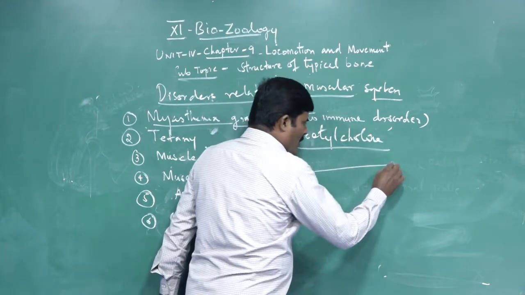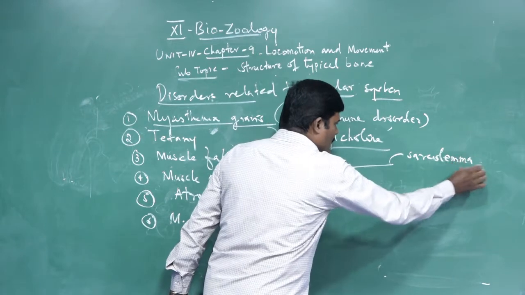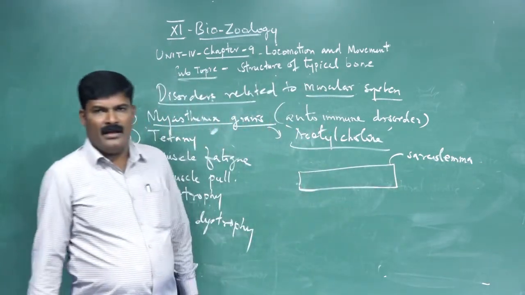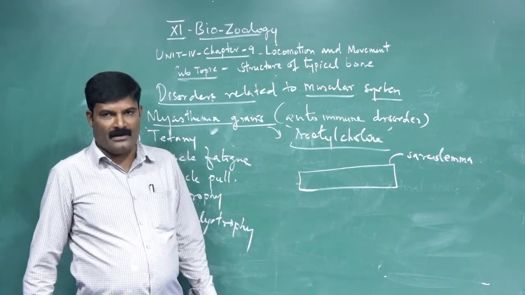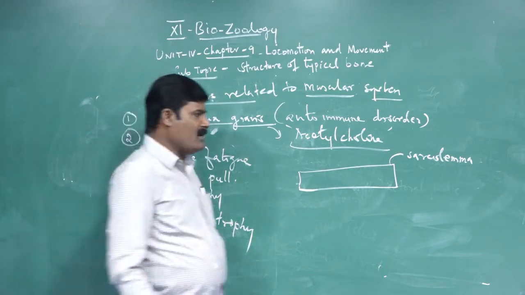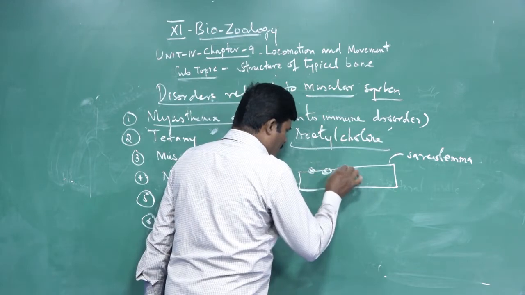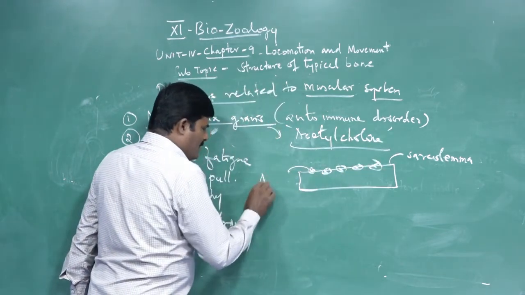What is the sarcolemma? The membrane present around the muscle fiber is called the sarcolemma. So each muscle fiber is surrounded by a membrane called the sarcolemma. The sarcolemma contains acetylcholine receptors.